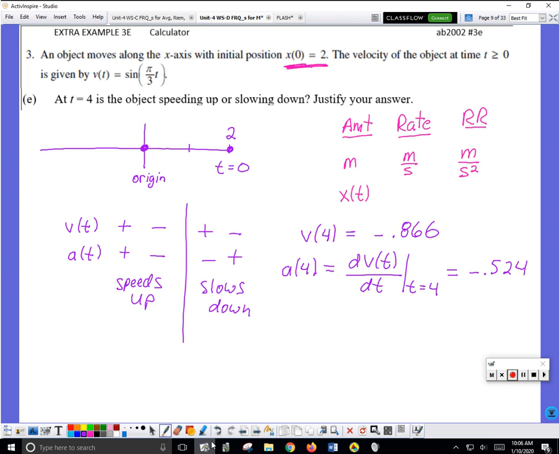Well, it says I have to justify. I haven't answered the question yet, but I also have to justify my answer. So you need to have the following words on your paper. Since A of 4 and V of 4 are both negative, you may abbreviate negative, the object is speeding up, sorry.